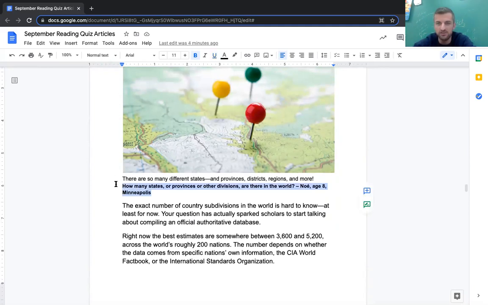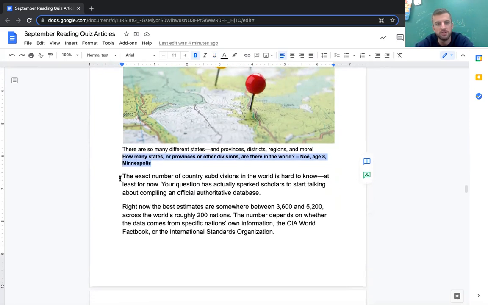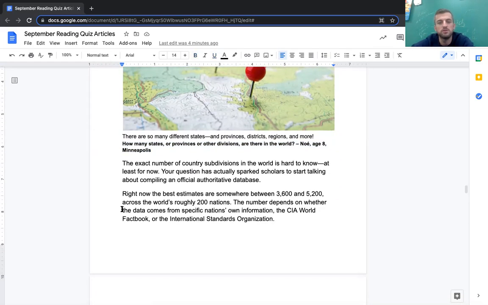Probably should have started this off by saying that's the question: How many states or provinces or other divisions are there in the world? From Noa, age 8, Minneapolis. So right now, the best estimates are somewhere between 3,600 and 5,200 across the world's roughly 200 nations.